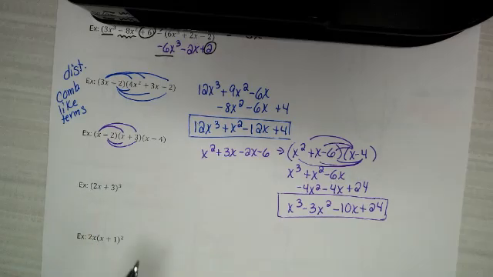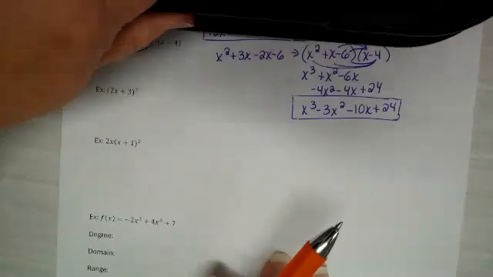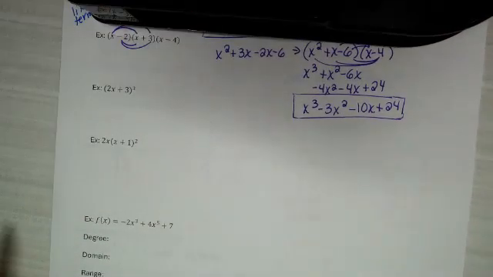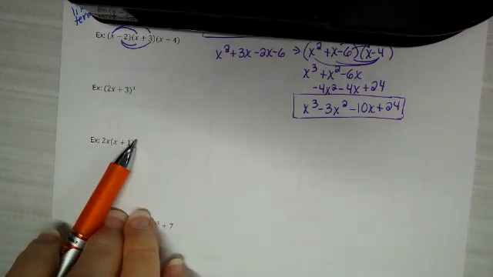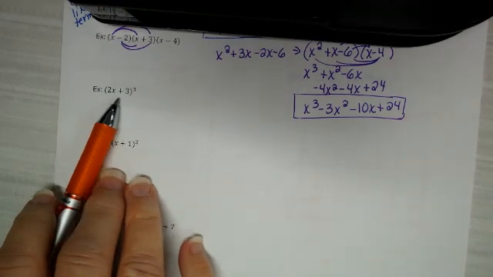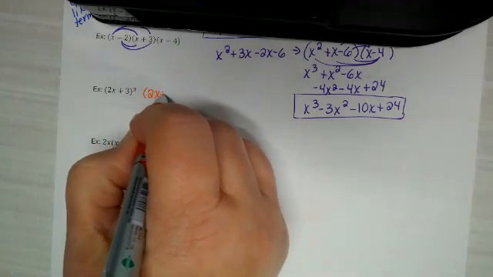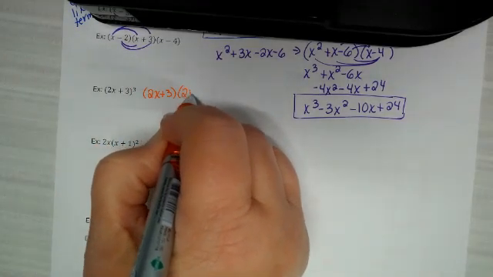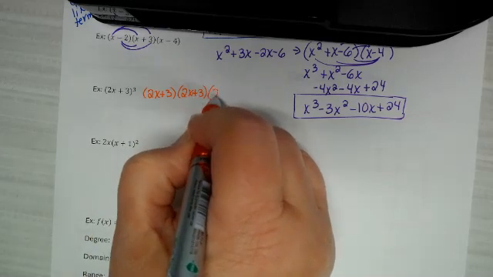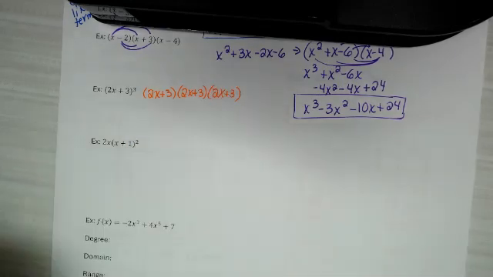All right, this one. Now we know when it asks you to square something, we write it twice because you multiply that times itself. But this one's asking us to cube something. So in other words, I need to do 2x plus 3 times 2x plus 3 times 2x plus 3.